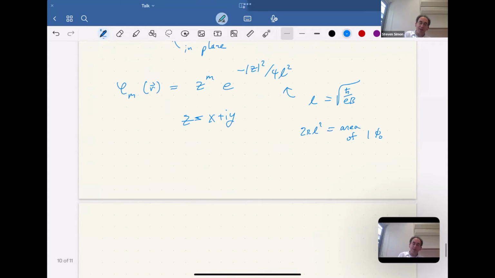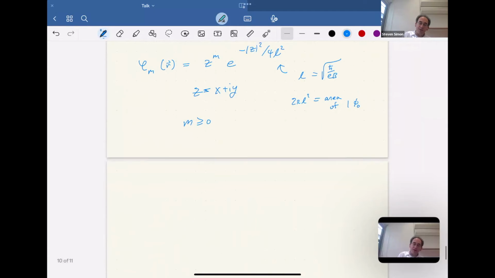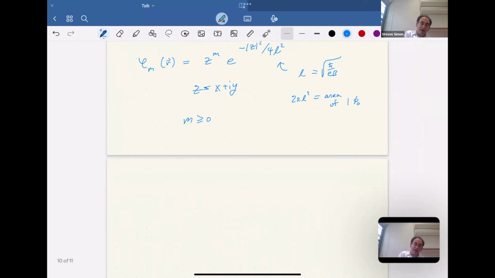So this is really nice. These Gaussian factors are usually not that interesting; it's the polynomial factors up front which are interesting. And this is true for all m greater than or equal to 0, so these are all eigenstates of the system. Let me try to show you what these wave functions look like.